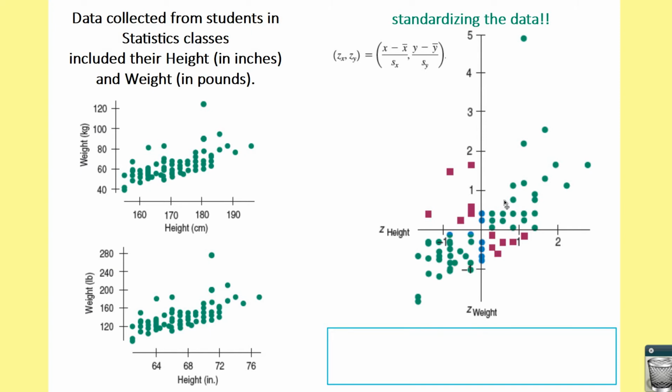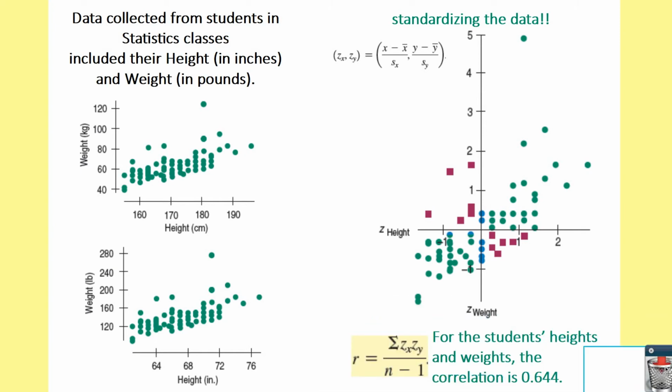So let's see what we can do. Yes, we can talk about one data set individually, but if we want to see how it's related, we want to look at everything. So we look for a correlation coefficient, which is called r. So r in statistics will always mean the correlation coefficient. Always, always, always, nothing else.